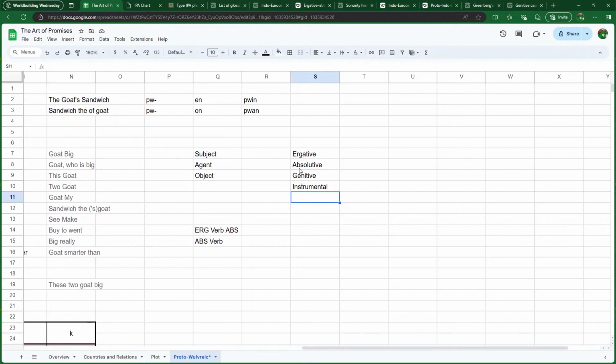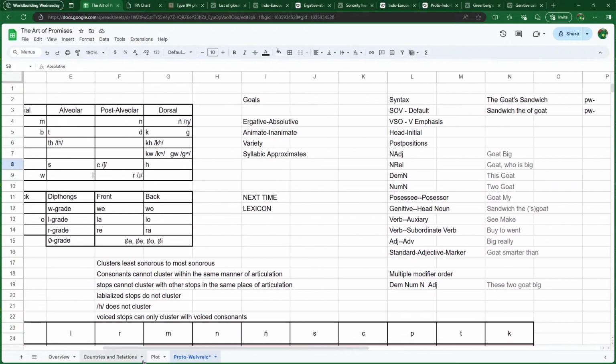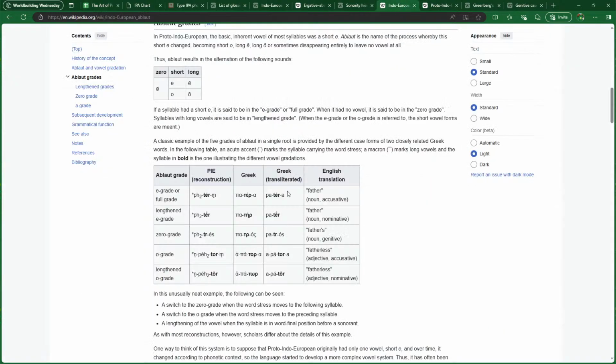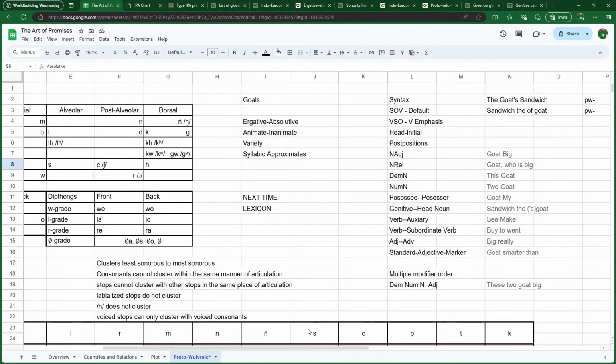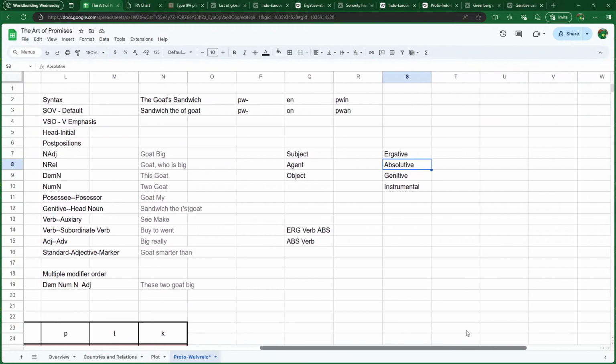I think that we should have the 0 grade used for absolutive. Although in theirs they had full grade and then lengthened E grade, so that was a nice distinction. So that made sense.